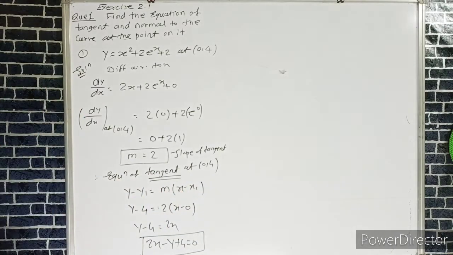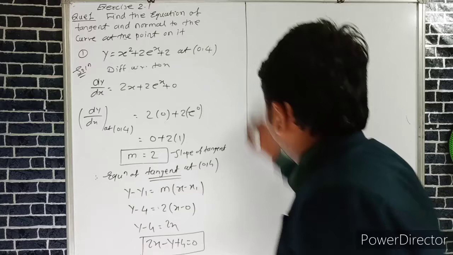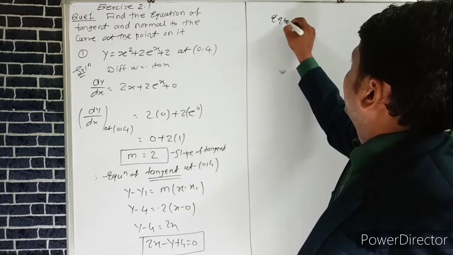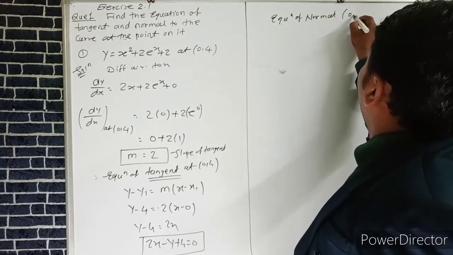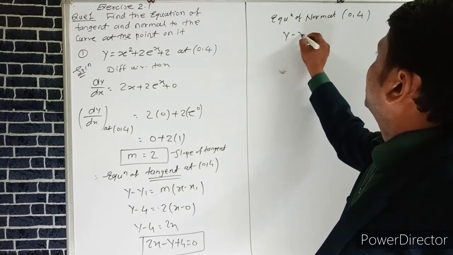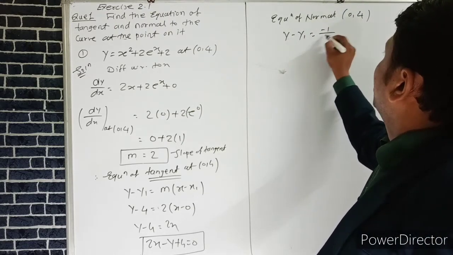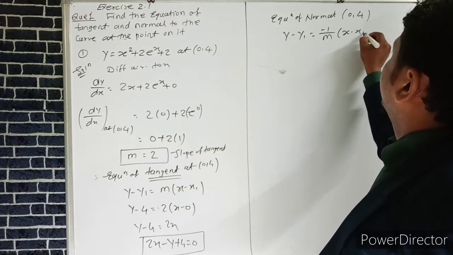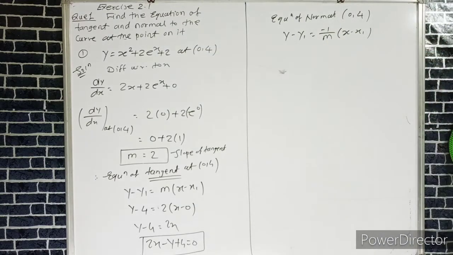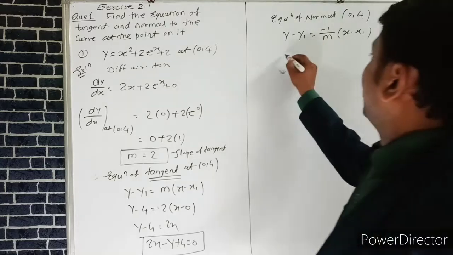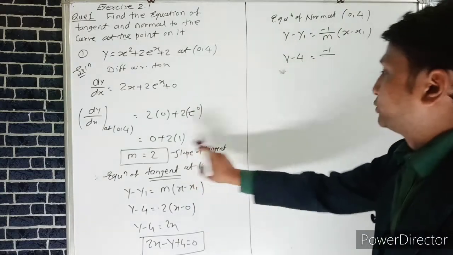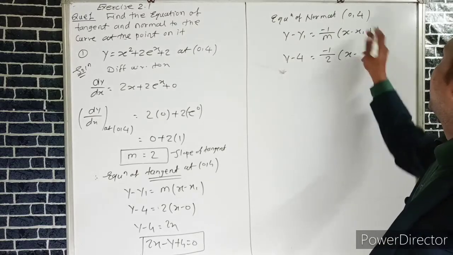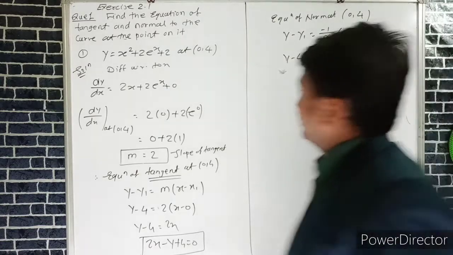Again, we have to find equation of normal. Equation of normal at (0, 4), y minus y1 is equals to minus 1 upon m in bracket x minus x1. Here we know that y1 is 4, minus 1 upon slope 2, x minus value of x 0.